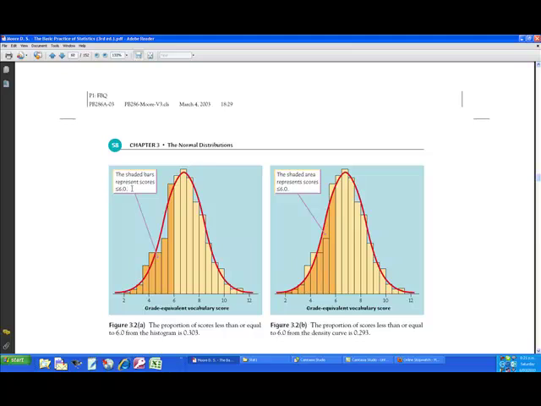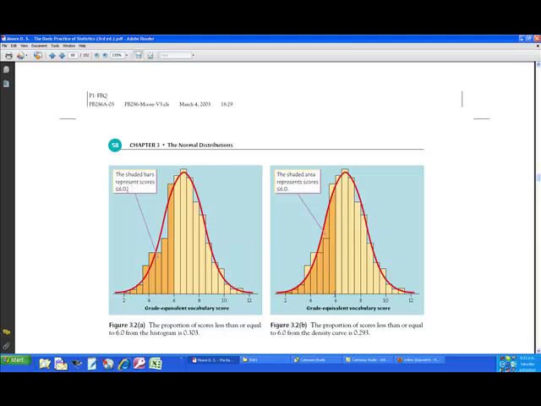And then in figure 3.2b, the proportion of the scores less than or equal to 6 from the density curve is 0.293. Now, without going into a lot of details, these bars represent the percentages. And so the height or the area under that curve will tell you the percent.